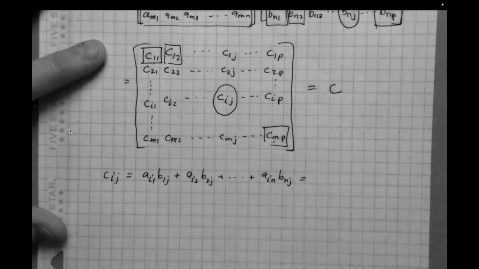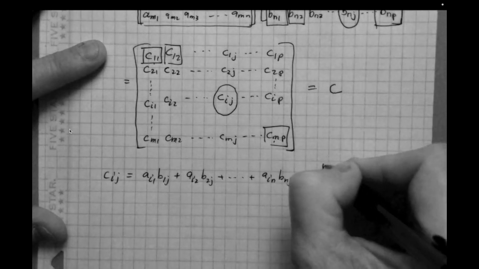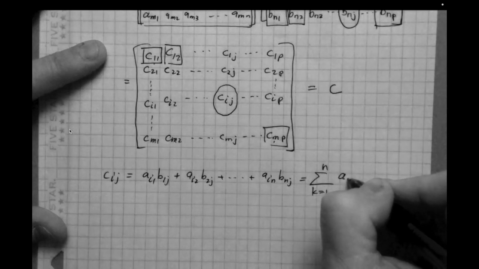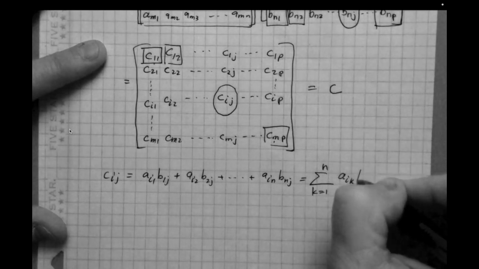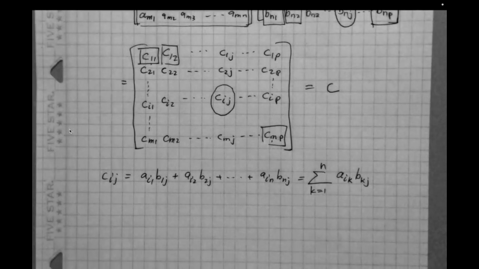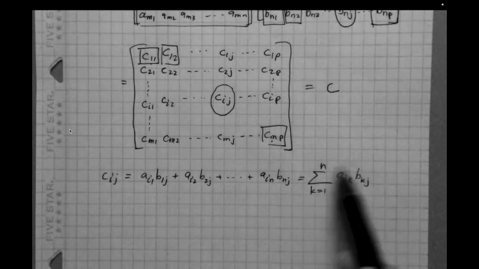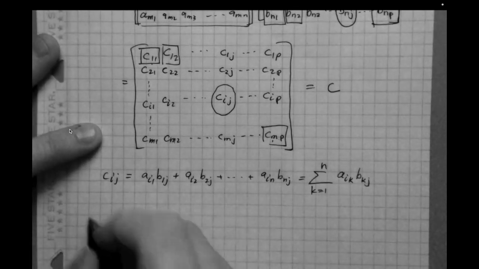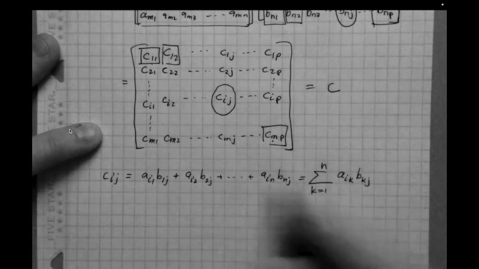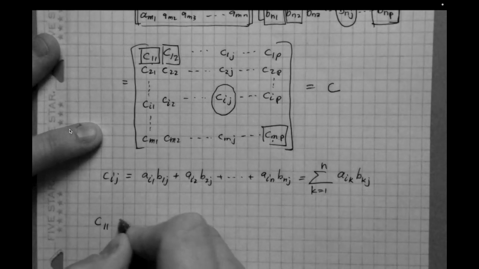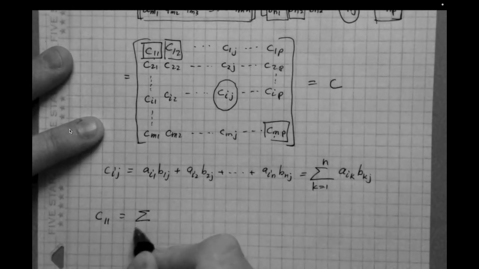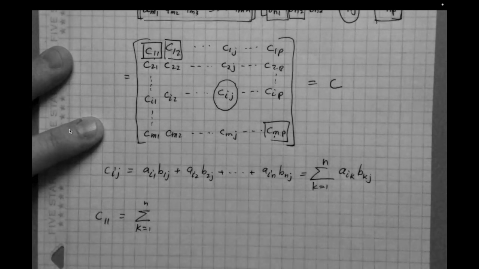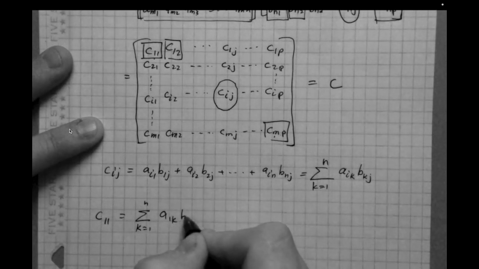And we can more concisely write it as the sum from k equals 1 up to n of aik times bkj. This is just a helpful way to summarize the dot product for the Cij entry. So the C11 entry would be equal to the sum as k goes from 1 up to n of a1k bk1.